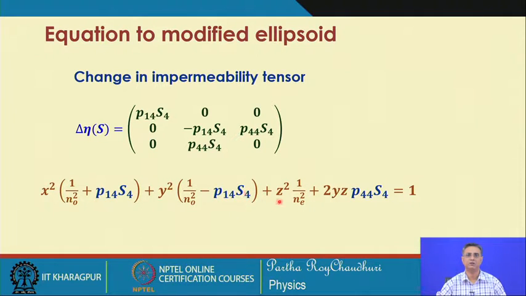We have seen this earlier also. But the z squared term is not affected, because the change contribution is 0 in this case.